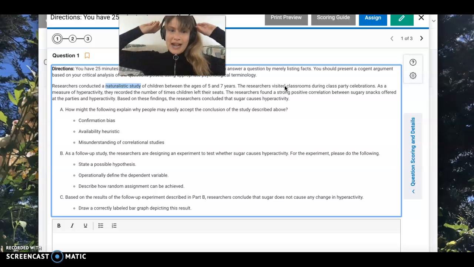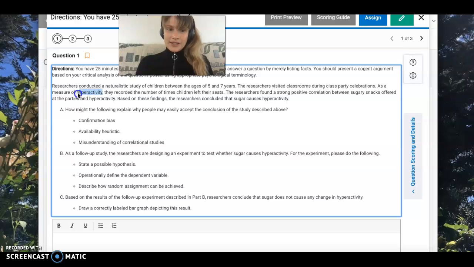As a measure of hyperactivity, they recorded the number of times children left their seats. Okay, so this is how they're operationalizing hyperactivity. Hyper meaning over activity. So children being really active and moving around, jumping around, not being able to stay in their seats. That would be hyperactivity, being hyper.